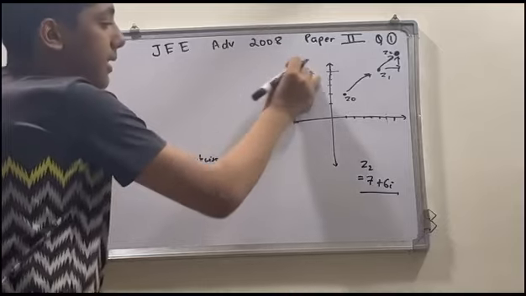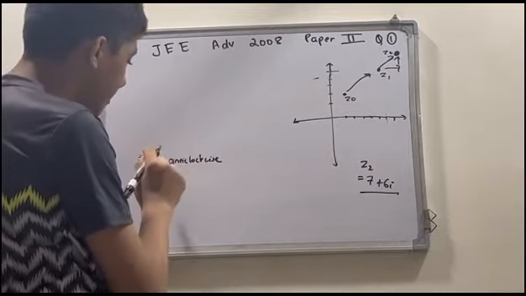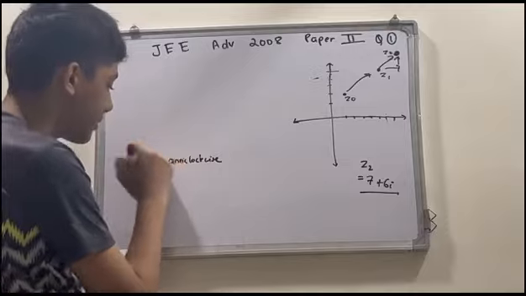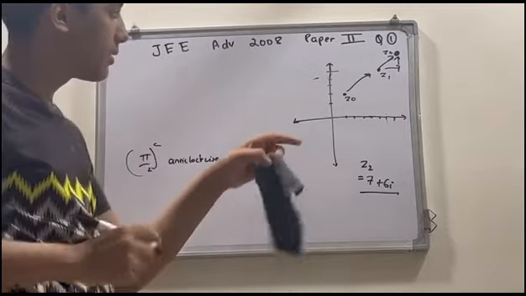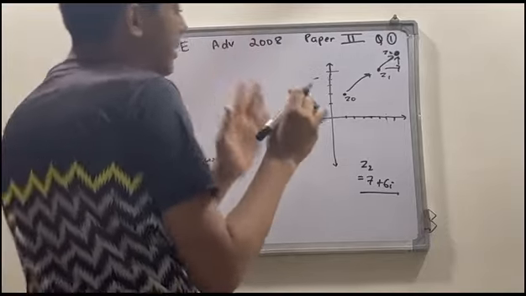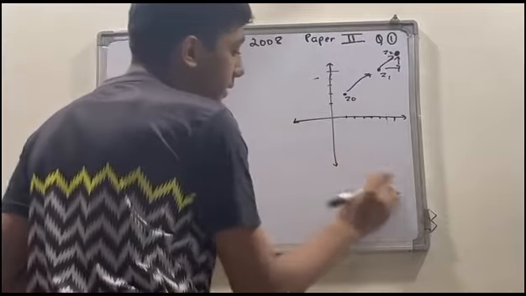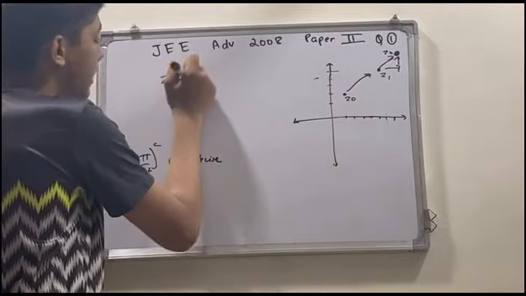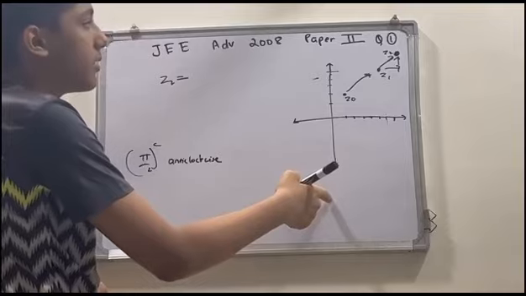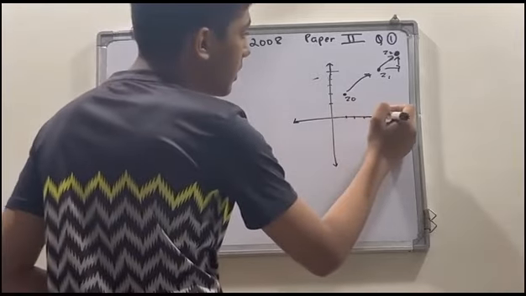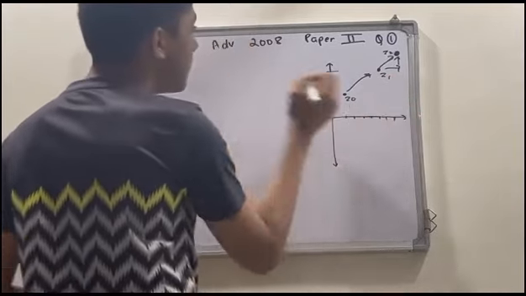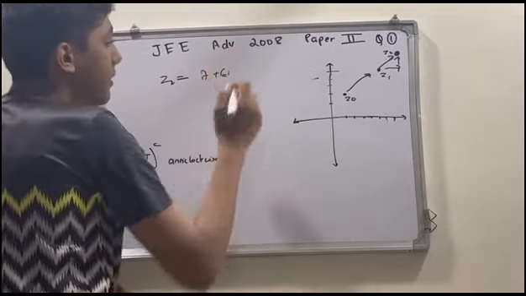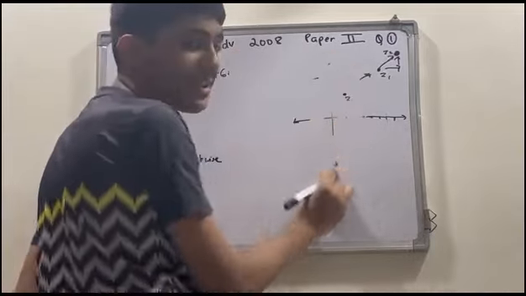Now the only part that is left is pi by 2 radians anti-clockwise. So I will actually draw this again to explain it in a better way. So z2 equals, wait, what did I just write here? 1, 2, 3, 4, 5, 6, 7. 7 plus 6i. Okay. z2 is 7 plus 6i, sorry, I forgot.